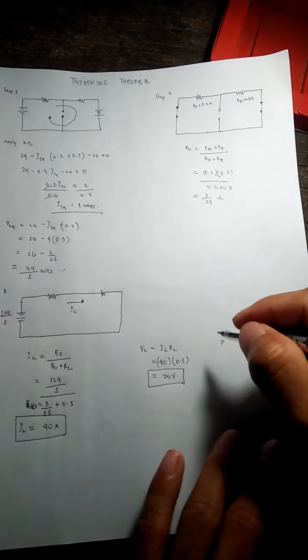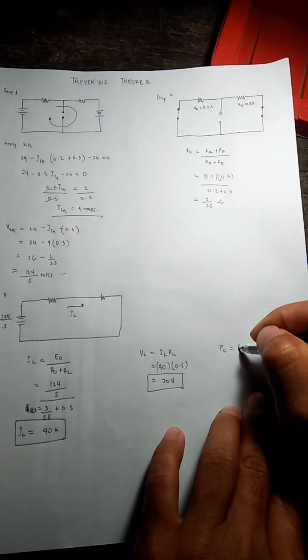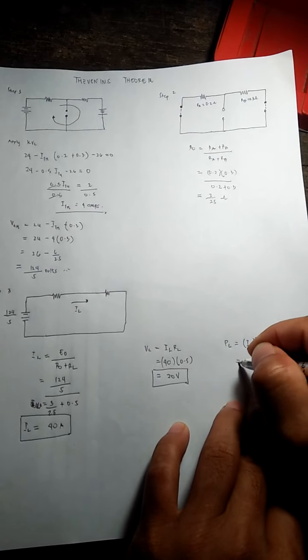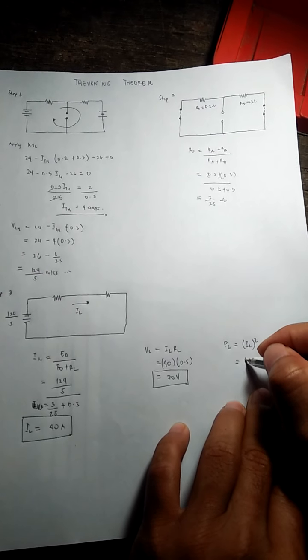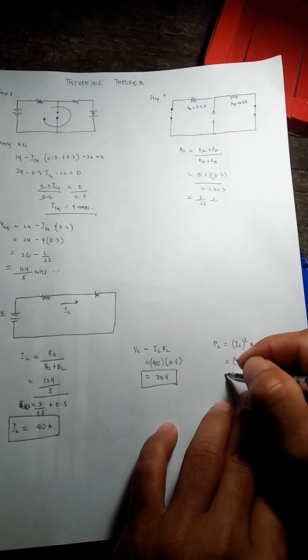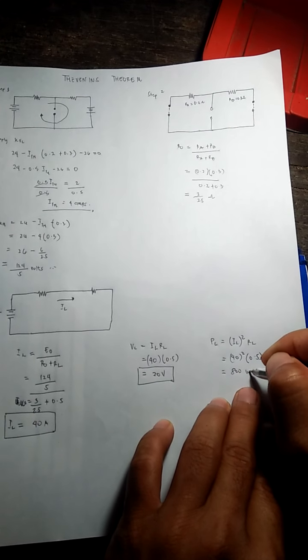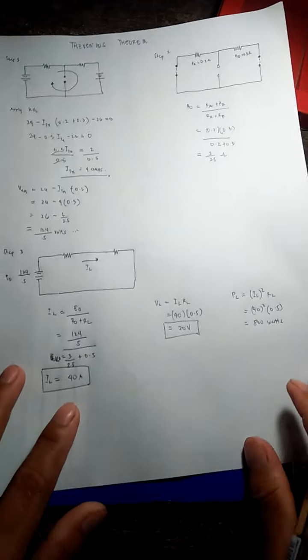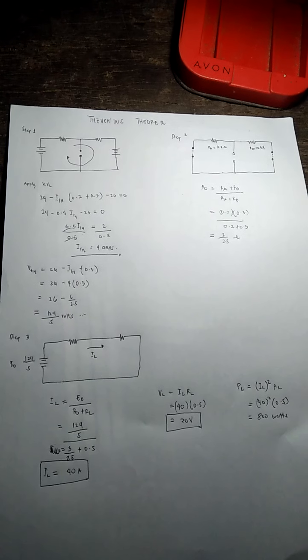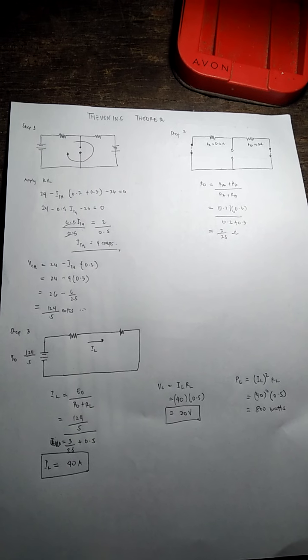We can directly solve also for PL, which is IL squared RL. So it will have the result of 40 squared times 0.5, which is 800 watts. So we have now our IL, VL, and PL.